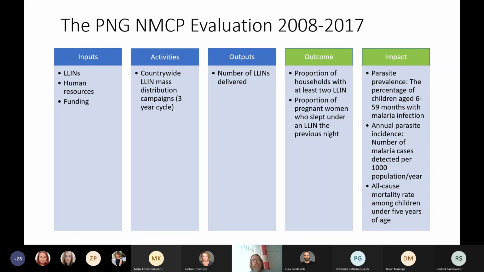The impact measures are longer term measures that will result from the intervention being successfully delivered and taken up by the population. So I think this serves as a really good example of a logic model in practice. And again, just to stress, this is just a partial glimpse of the logic model for this program.